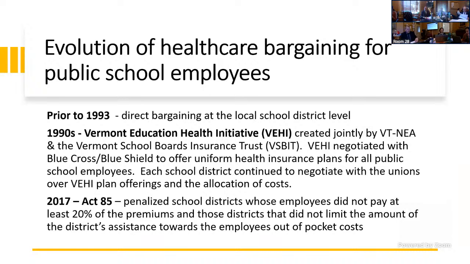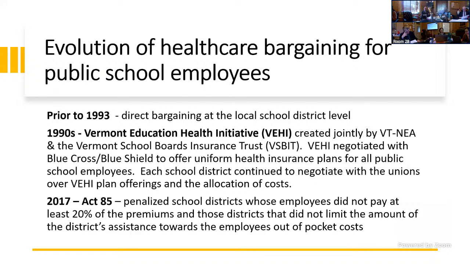Very briefly, prior to 1993, healthcare was negotiated on a school district by school district level. In the 1990s, the Vermont National Education Association and the Vermont School Boards Insurance Trust got together and created the Vermont Education Health Initiative, VEHI, which I suspect you have heard of before. VEHI then negotiated with Blue Cross Blue Shield to offer insurance plans that could be used by public school employees.